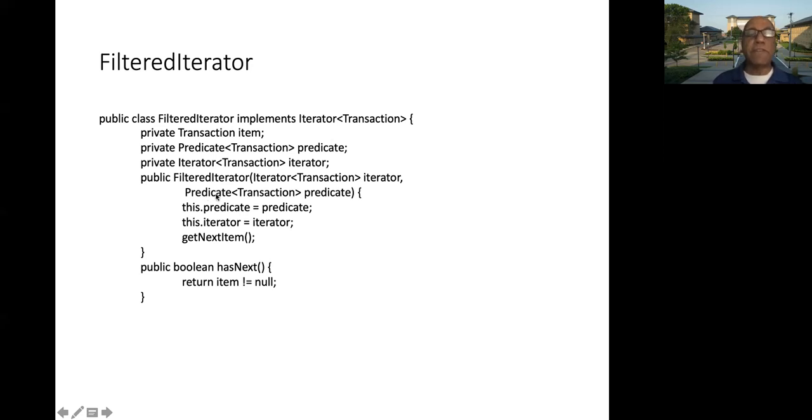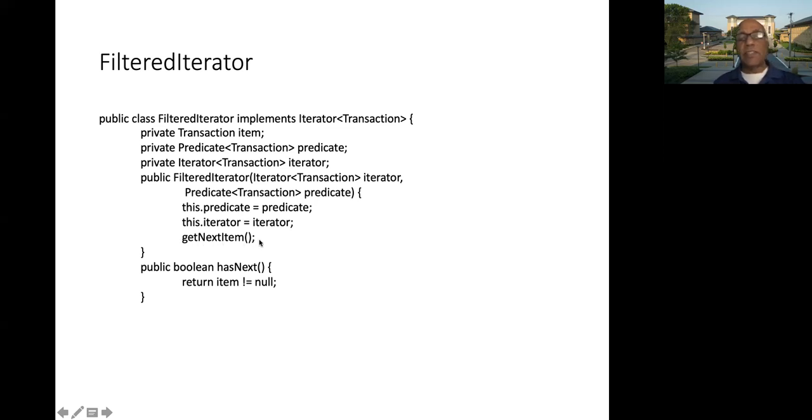A predicate is an interface in Java, a generic interface, and it can test whether a certain object satisfies a certain criterion. So the criterion is specified by the client that creates the filtered iterator. It knows what predicate to supply. For example, for transactions, the predicate would be whether the transaction falls on a certain date.